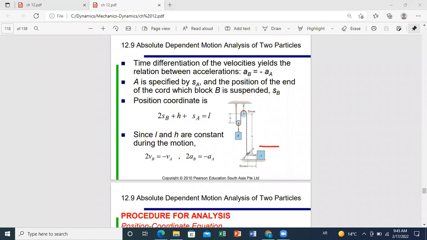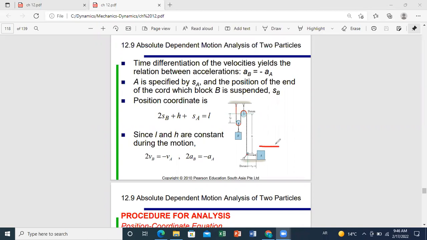If you look at the pulley here, let me zoom it a little bit, 1 second. But doctor, who told us that A is moving to the right? Who told us that it is necessarily moving to the right? It can move to the left, and then your velocity will be negative.